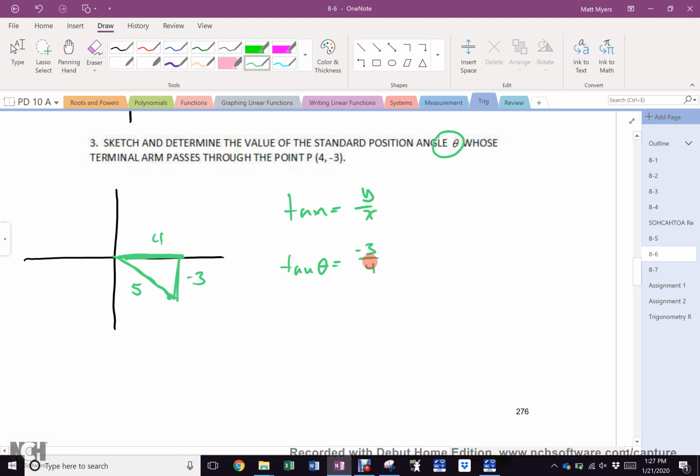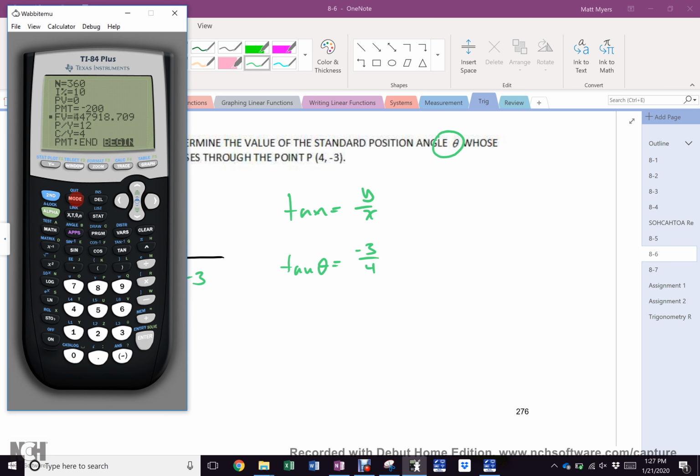So how do I punch that into my calculator? Shift, tan, I already get a bracket, -3 divided by 4. Now we know that's -0.75. You push the negative button.